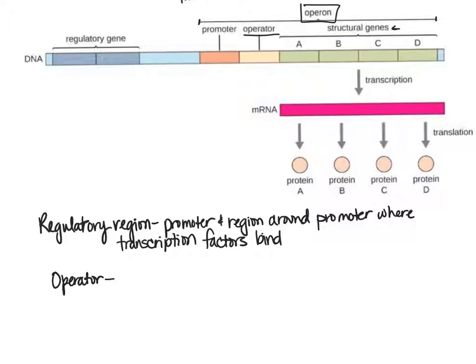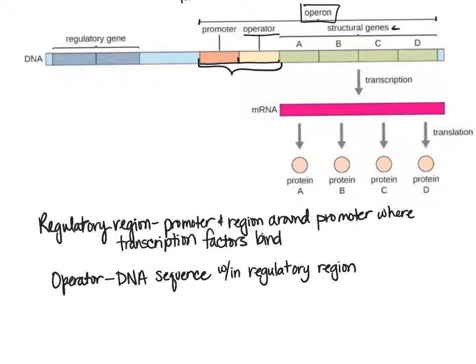This region that's next to the promoter is the operator, and this is a sequence that's within the regulatory region. So we have our regulatory region here, we have the promoter, then here, separate from the operator. And the operator is important because it's going to interact with different molecules. So we actually have some regulatory information kind of going all the way up here.